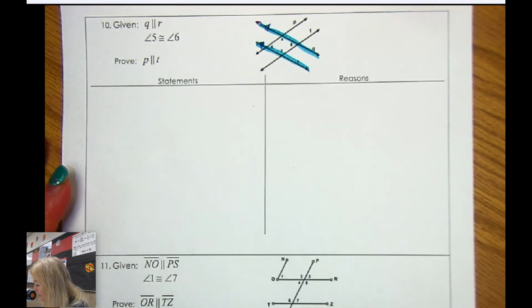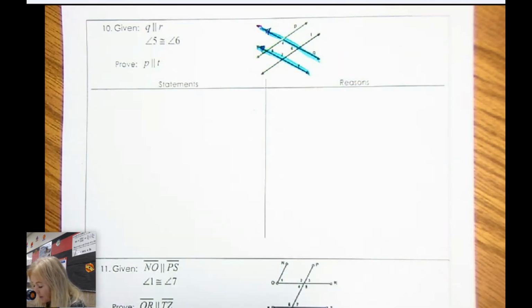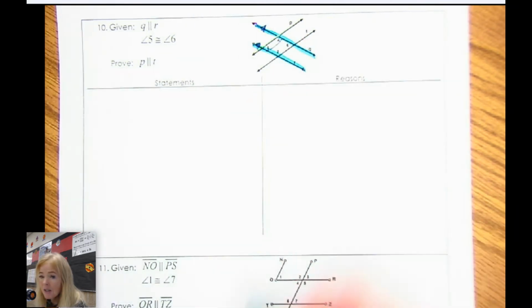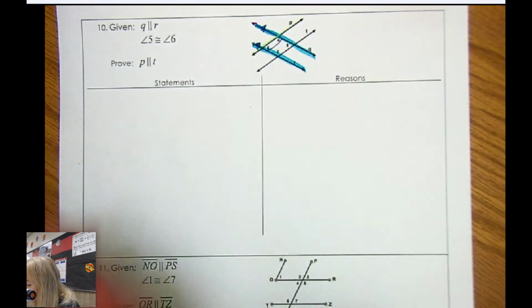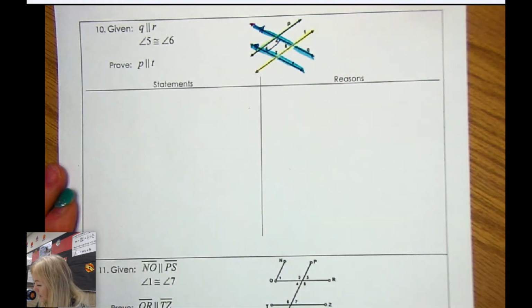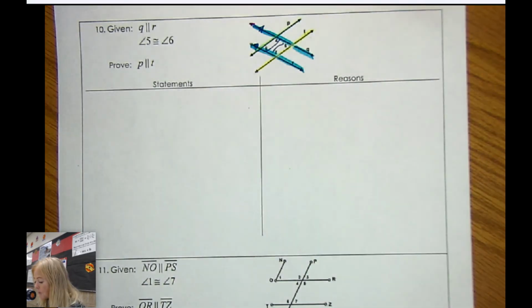So if they're parallel, then each of these becomes a transversal, and that means 4 and 5 must be consecutive interior angles. And this also becomes a transversal, and with that being a transversal, then 6 and 7 are consecutive interior angles, and therefore their sum is 180.